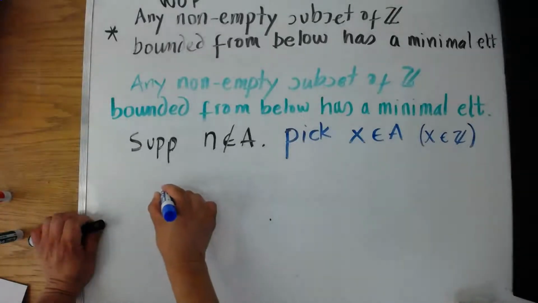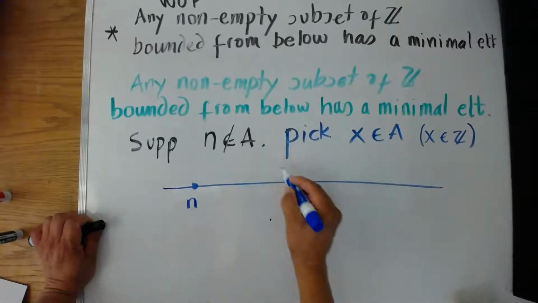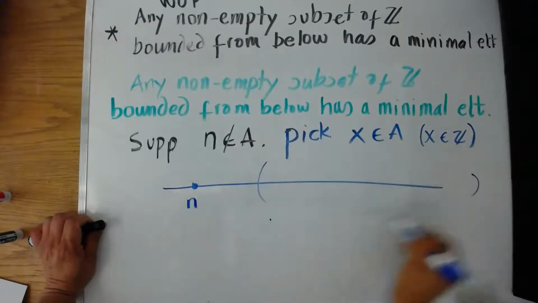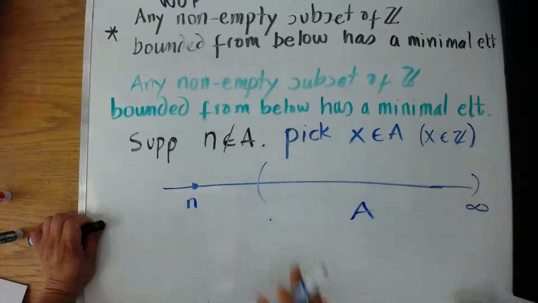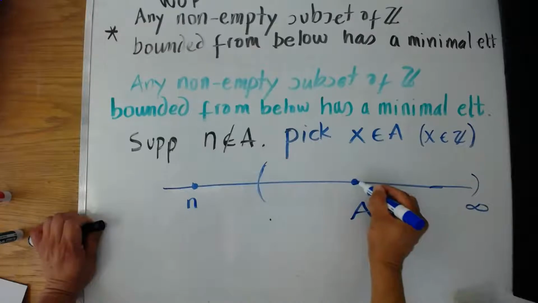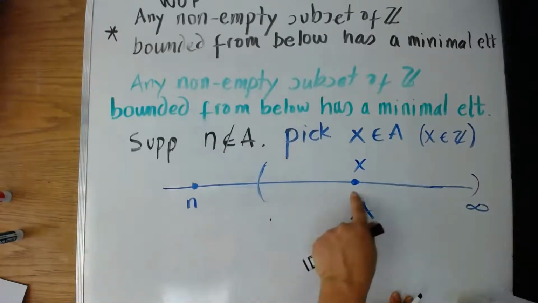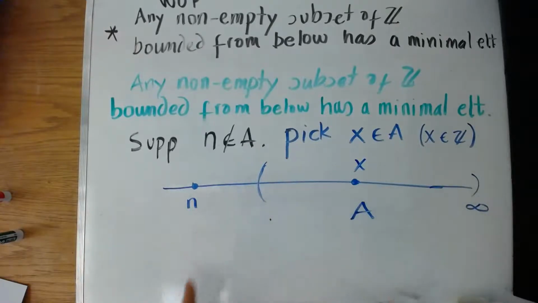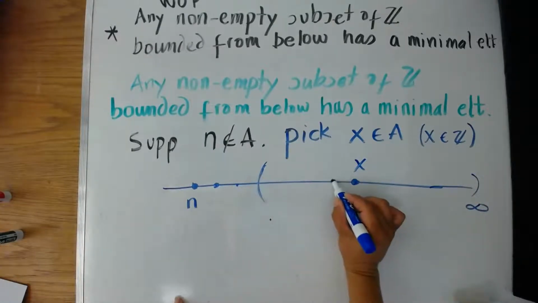So let's observe the following. On the number line, I'm going to have n, and then A is somewhere. n is not in A, so let's think of A being contained somewhere in this interval. That could be infinity. So I'm picking x in A. So that's x. Now, between n and x, I have to figure out what I have. There is a whole bunch of integers, right? Because I have n plus 1, n plus 2, and then x minus 1.